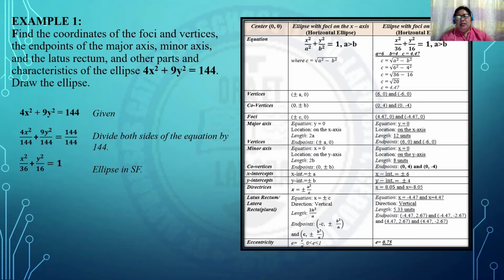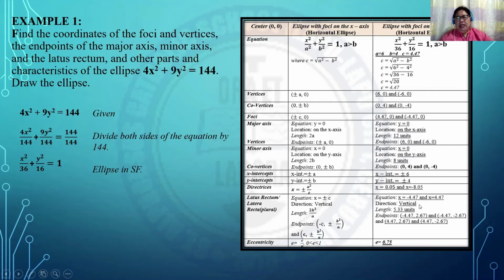For the directrices, you simply square a and then divide it by c. So the first directrix has an equation of x is equal to 8.05, and the second directrix has an equation equivalent to x is equal to negative 8.05. For the latus rectum equation, the first one, we have x is equal to negative 4.47, and the other one is x is equal to 4.47.